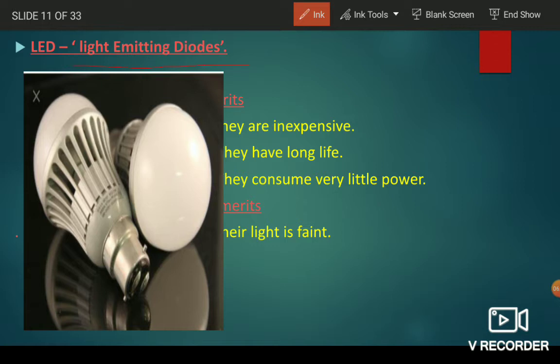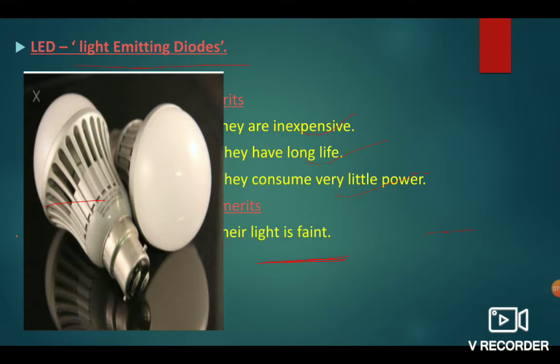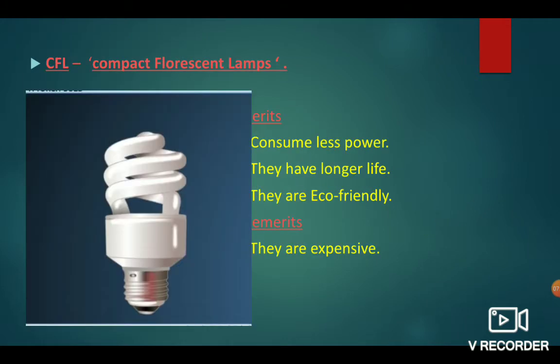They have been considered better than bulbs, because there are some merits, like they are inexpensive, they have long life, and they consume very little power. But at the same time, they have some demerits. And what is the demerit? Their light is faint, meaning a little dull.